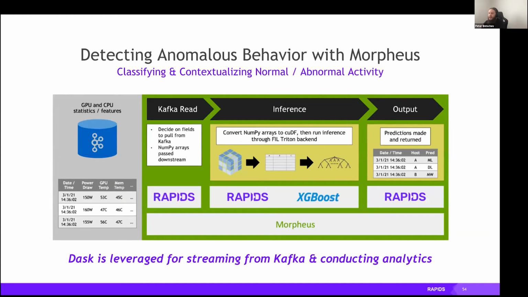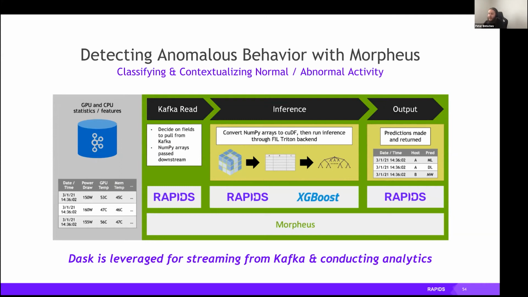A typical application to detect anomalous behavior with Morpheus is exemplified in this slide. First, we pull specific data from Kafka that we then turn into NumPy arrays that are passed into the inference step.